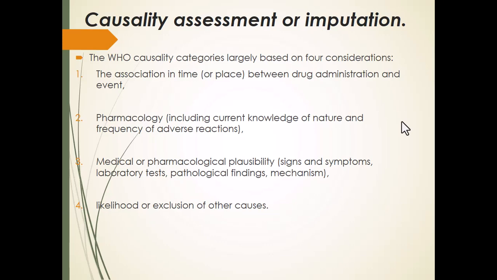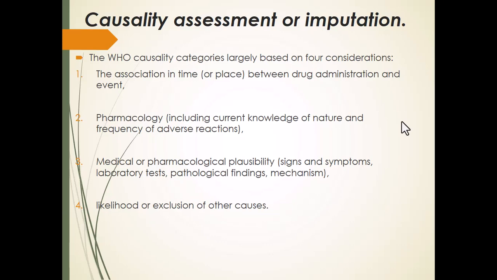According to WHO, causality is categorized largely based on 4 considerations. So what are the causality assessments or imputations? The association in time between drug administration and the event. You're looking at which time was the drug administered and what time did the event start, like that reaction, when did it start?